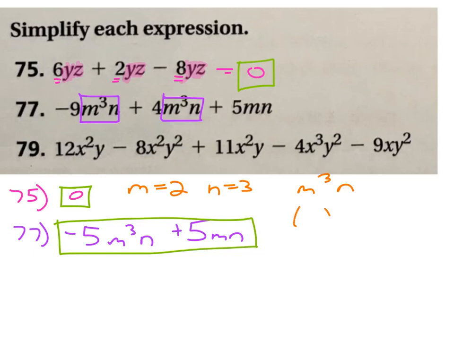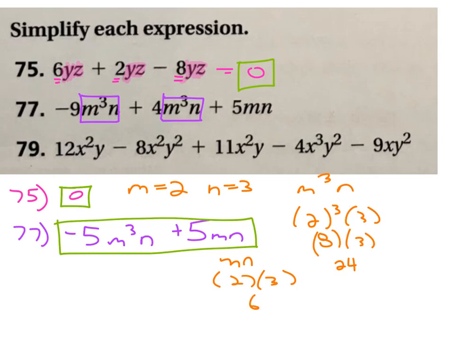Then if we subbed in those values, 2 to the third times 3, that's going to give us 8 times 3, or 24. Now this term, mn, if we were to sub those values in, m is 2, n is 3, and that would result in 6.